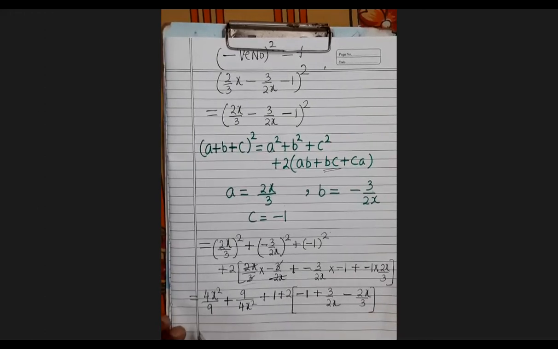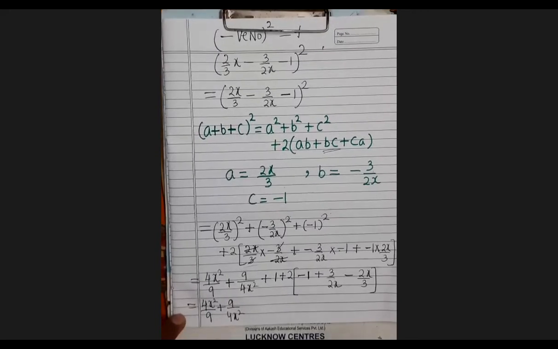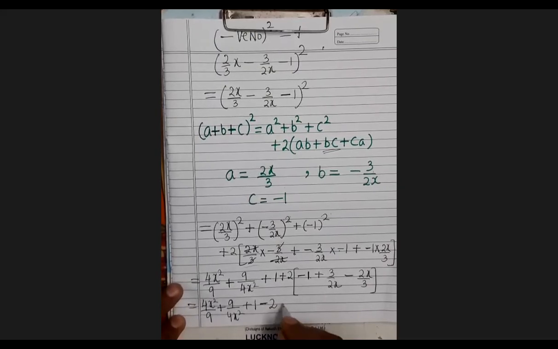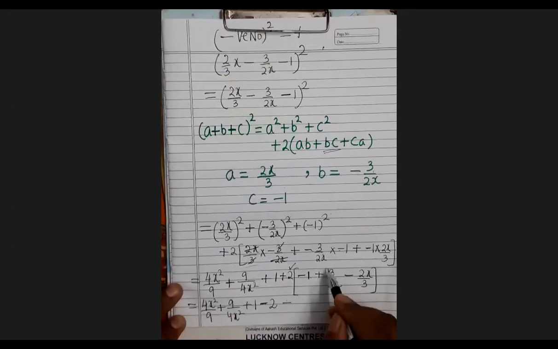Now you open the whole. So what will happen? 4x square upon 9 plus 9 upon 4x square. Then plus 1, 2 into minus 1, minus 2. Then 2 into 3 upon 2x. What will you get when you will multiply this with this? 3 by x. 2 and 2 will be cancelled, so it will be 3 by x.